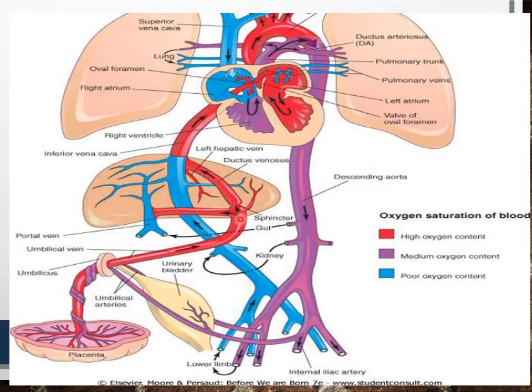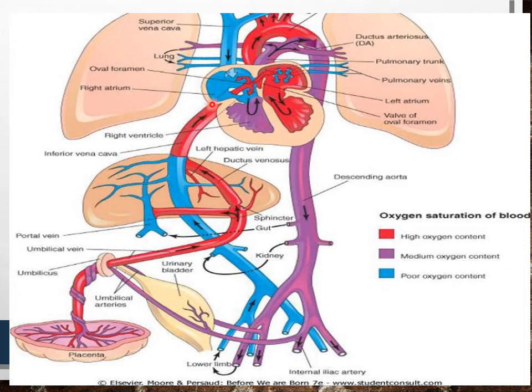At this entrance you can see this sphincter, which is very important for transporting blood into the ductus venosus. It is important when there is uterine contraction, to prevent overloading of the heart. This sphincter closes during uterine contraction and then reduces the blood flow.